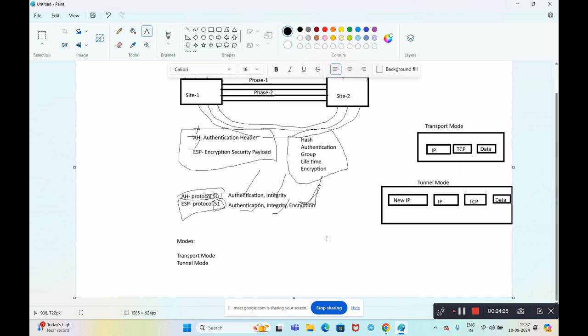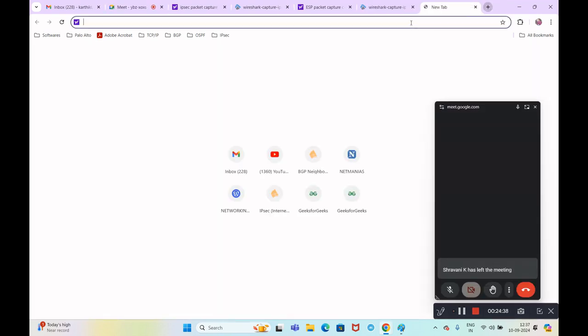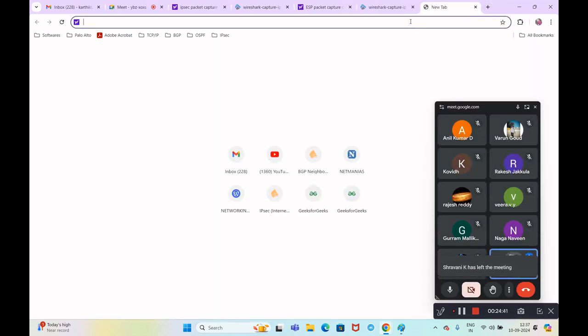Yeah, okay. Let me show you that. I'm just stopping the screen sharing for now. I will show you the tunnel mode and transport mode in Wireshark.